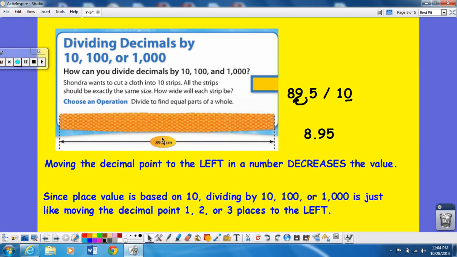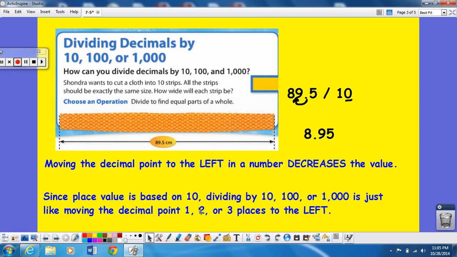When I look at 89.5 and I think about rounding, that's about 90. If I divide 90 into 10 parts, it's about 9 for each part. Look at my answer. 8 and 95/100ths would round to 9. So that's a very reasonable answer.